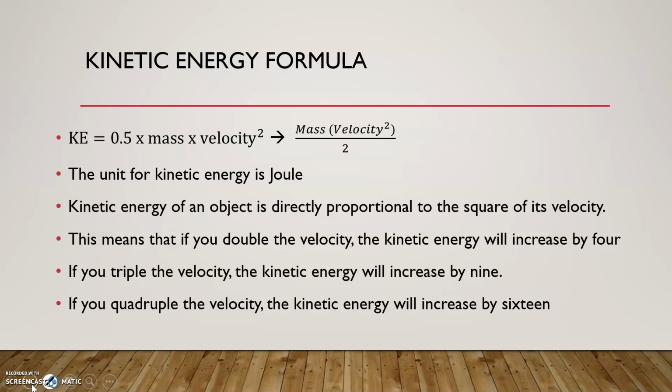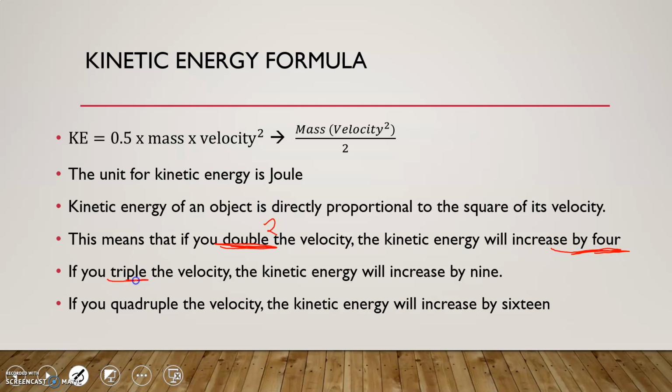So usually when we say if you double velocity, you double the kinetic energy, this is not true. If you double velocity, you get 4 times the kinetic energy, because whatever you do to velocity, you have to square that. So 2 times 2 is 4 times the kinetic energy.